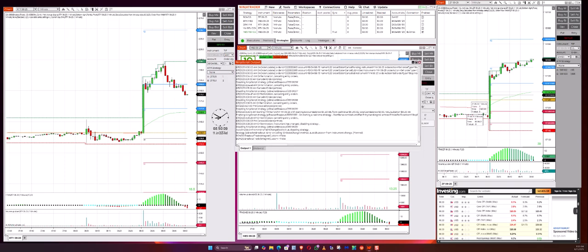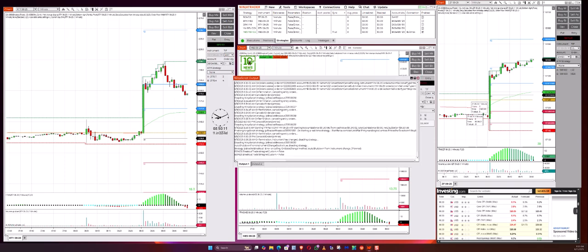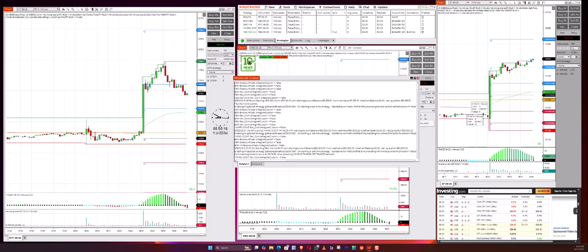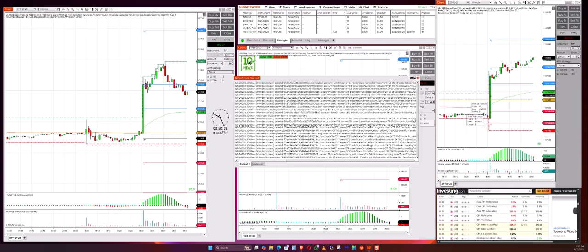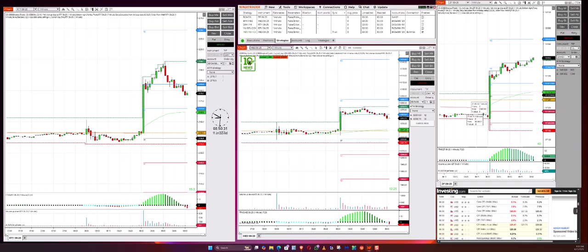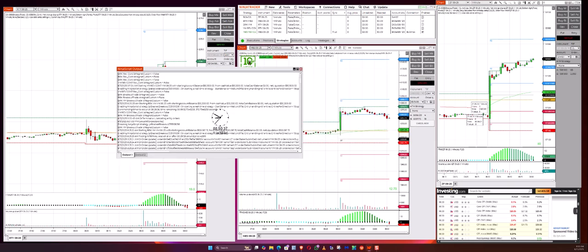It would be blank if the strategy is on. Okay? So everybody should always go to New, NinjaScript Output. It'll be blank if you haven't traded yet with any strategy, and then minimize it and save your workspace.